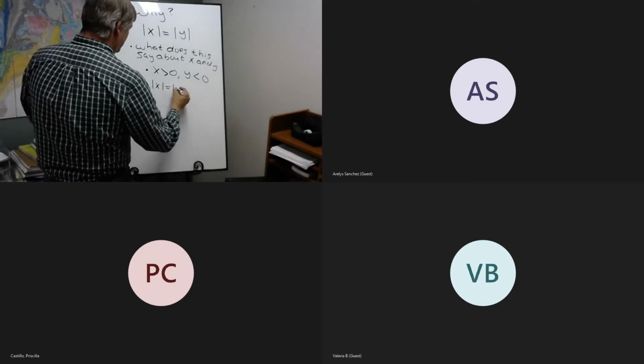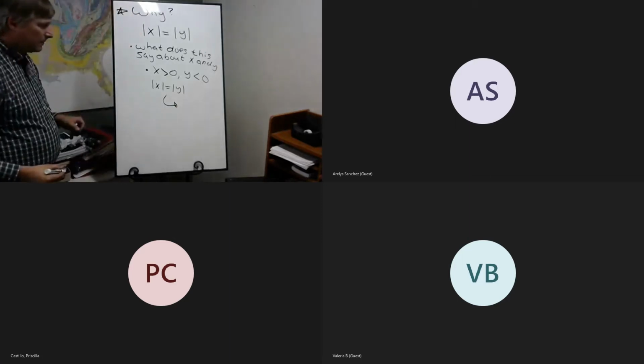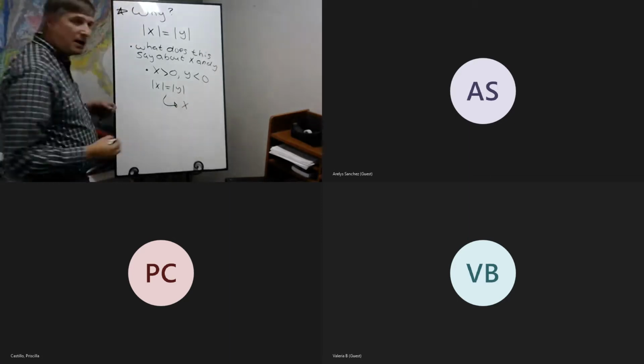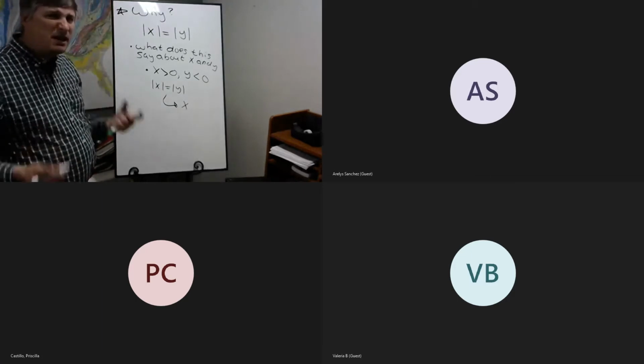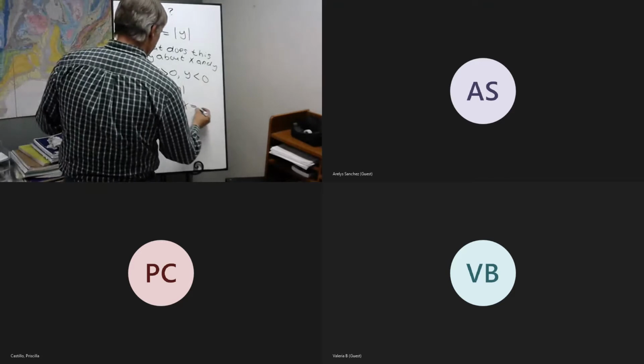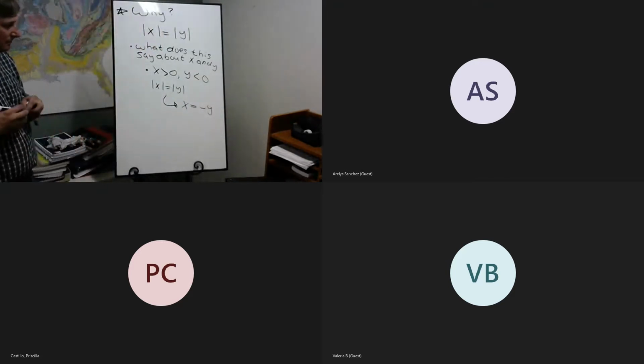Well, the absolute values, if they're equal, that means that x is a positive number. It has to be equal in magnitude to y, but we need to make y positive like that.